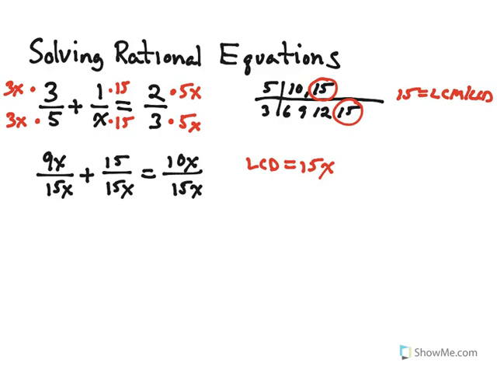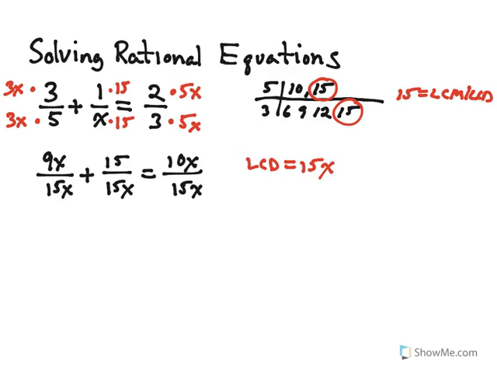Now, you can look at it two ways, okay? Notice that I didn't multiply the whole equation by 15x. I could have done that, and I'll show you that in a minute, but doing it like this is an alternative way. You can find the LCD and then find the common denominator with each fraction, asking yourself, if my common denominator is 15x, what do I have to multiply each denominator by in order to get that 15x?